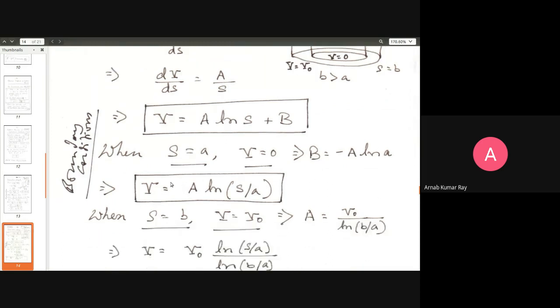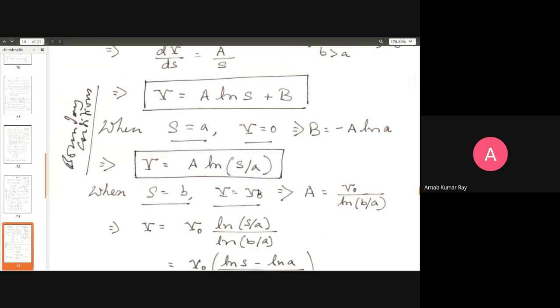Therefore, if B is equal to minus capital A log of small a, then V will be equal to capital A log S minus capital A log small a. Put the two things together: log X minus log Y is equal to log of X by Y. That's the principle we have applied over here. V is equal to A log S by a.